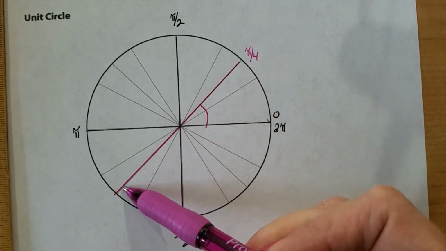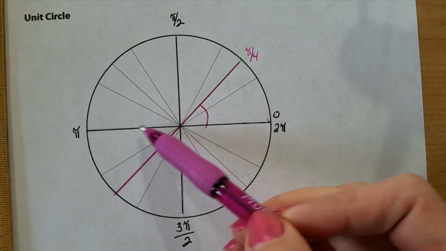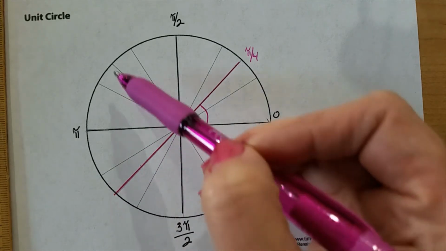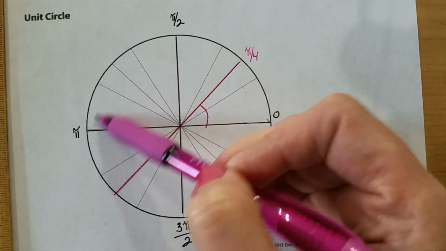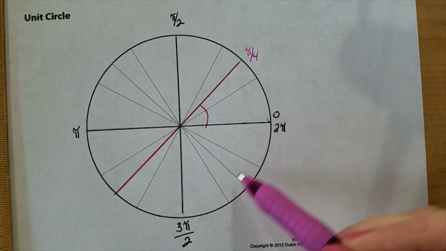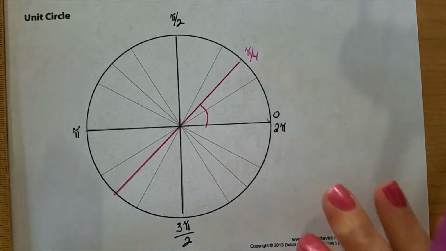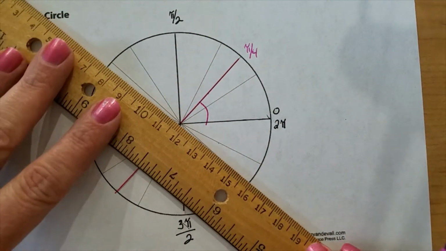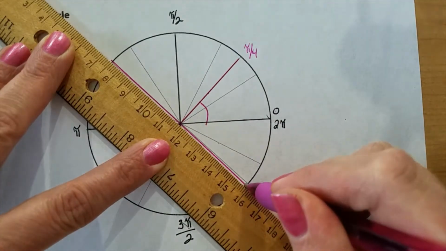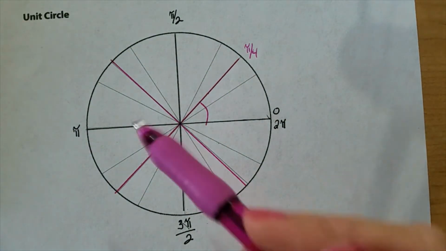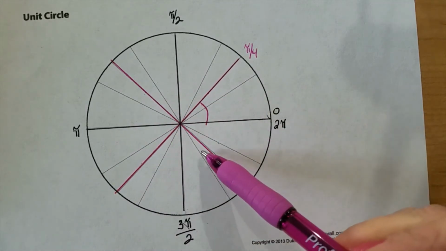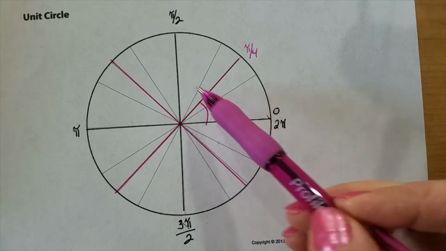But now over here in quadrant 3, this measurement is the reference angle, pi over 4. I can also tell, if I cut this quadrant in half, likewise, if I cut the fourth quadrant in half, these are giving me reference angles of pi over 4. In degrees, 45 degrees.